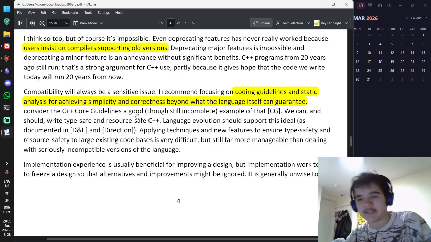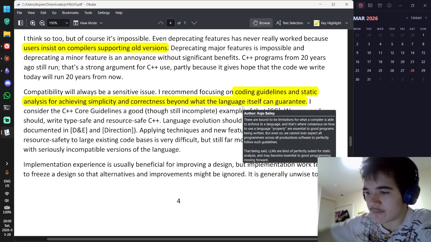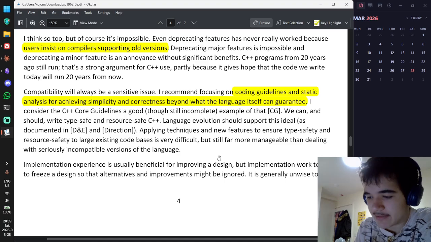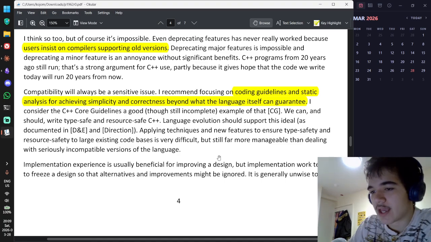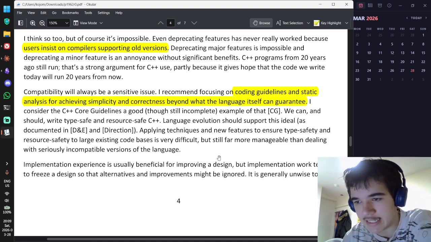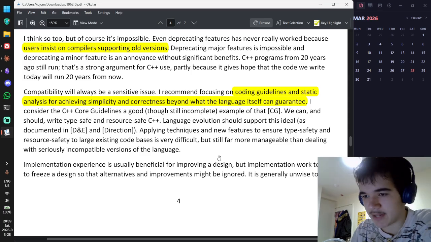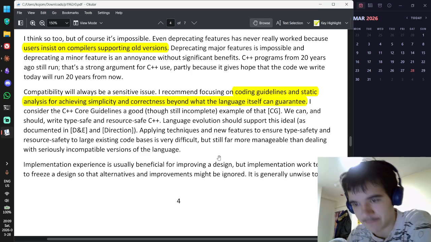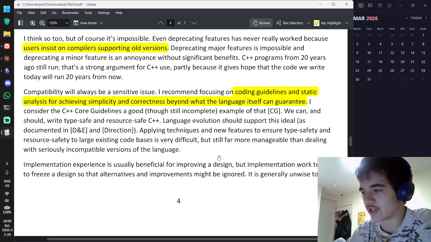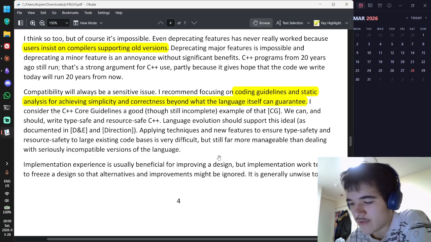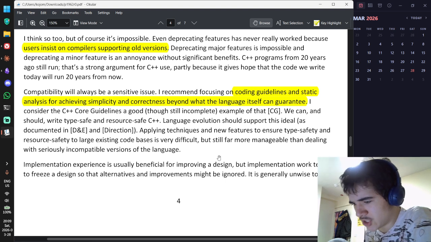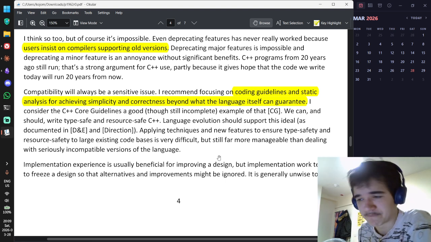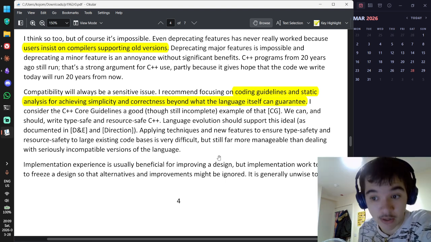We can and should write type-safe and resource-safe C++. Rust offers better ways to have type-safe and memory-safe code, but that doesn't mean it's impossible to do it in C++. And there are features in C++ that make it possible. It's just that Rust makes it so much harder to shoot yourself in the foot, as people say, right? But if you understand C++ and use the good practices and the good guidelines, then it's extremely powerful, if not a bit verbose at times.